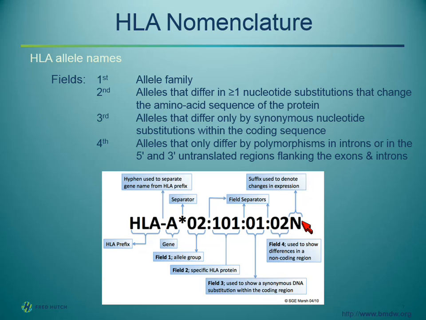Even in the unrelated donor setting, if you type a patient with a null allele on a haplotype, very likely you may be able to find an unrelated donor carrying that same haplotype. So the common null alleles and common low expressor alleles travel together with a haplotype, and you'll find them. You occasionally run across a really weird patient who has a true null allele that's not tightly linked with anything. We then will not search for that. We'll search for a homozygous donor and try not to match for the null allele.